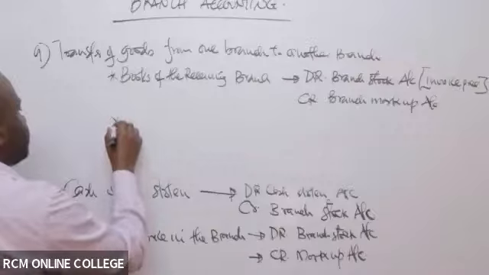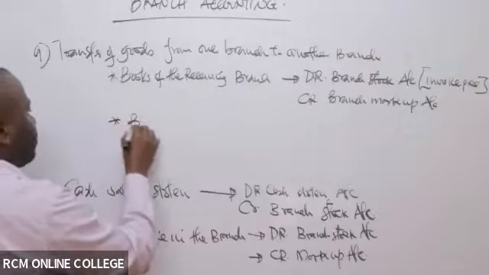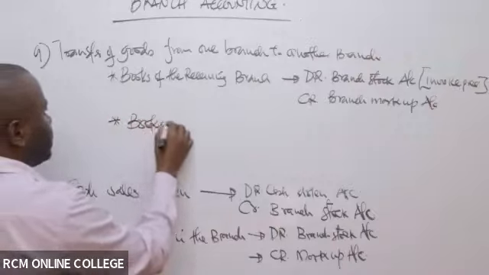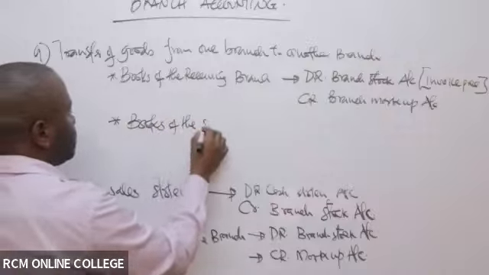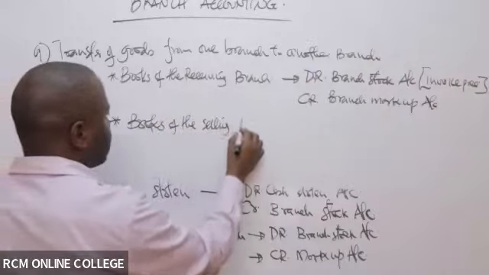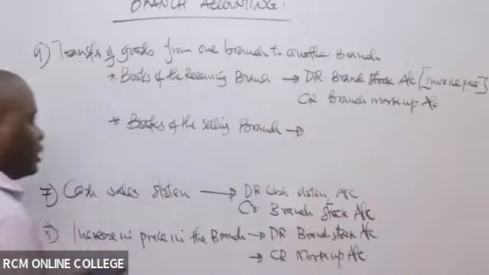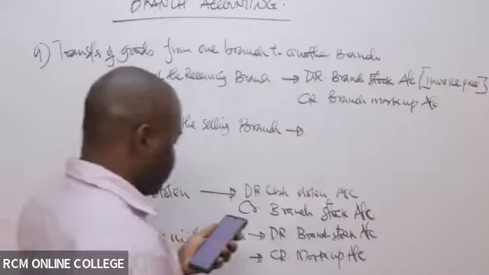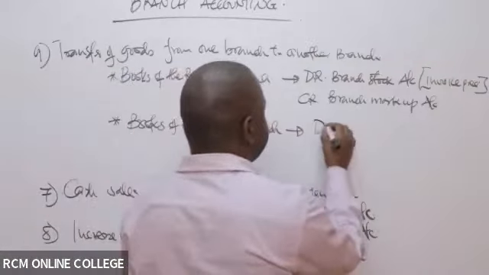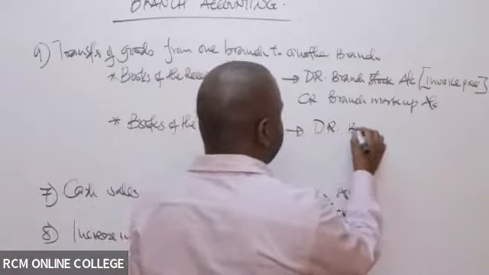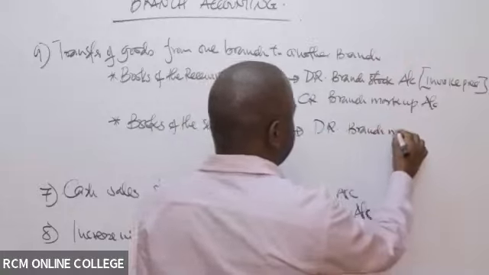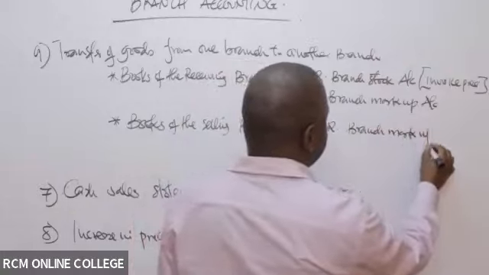Then in the books of the selling branch, the other branch that is sending out the goods, you debit the branch markup account, because it will be losing these goods.